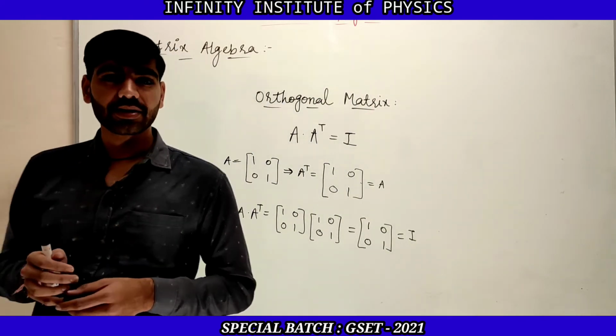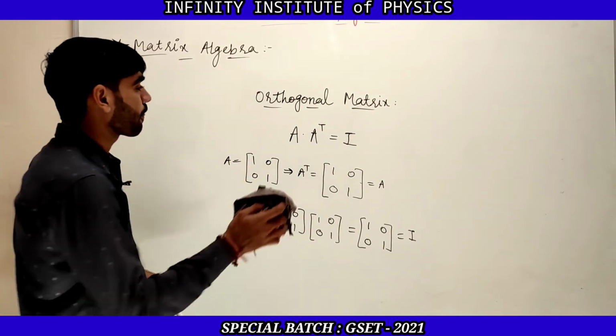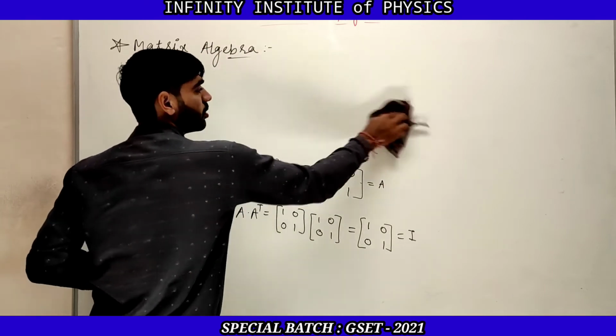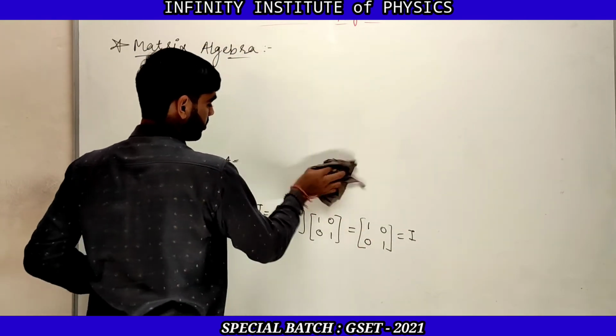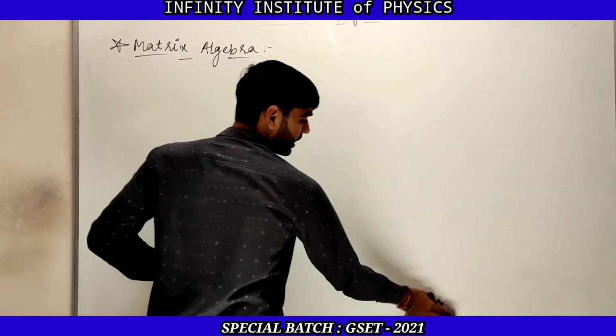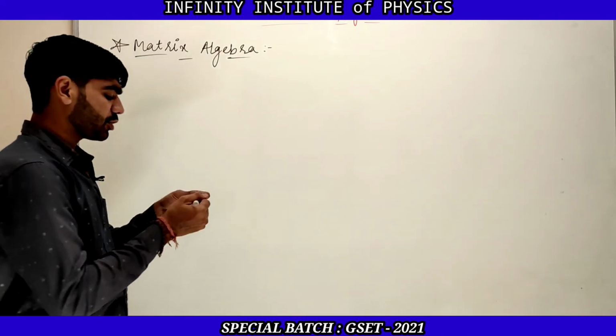Now the next definition is the symmetric matrix. What do we mean by a symmetric matrix?